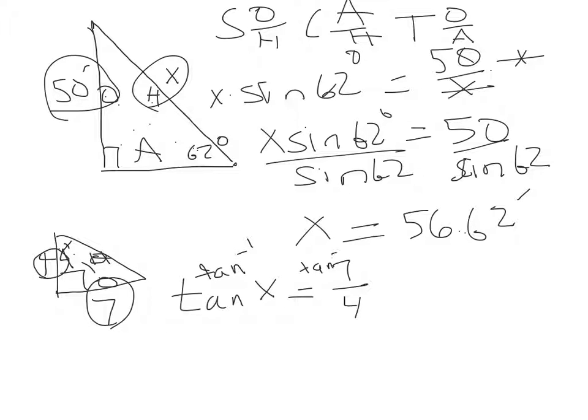So when you take tan to the negative 1 to both sides, you know from previously that when you take a function and its inverse, they cancel each other out and you just get x. In your calculator, plug in second tan, which is inverse tan, 7 divided by 4, and it will give you 60.26 approximately degrees.